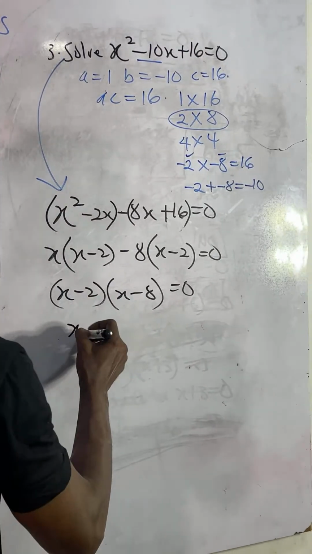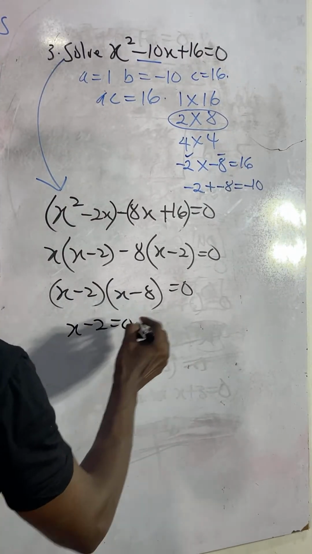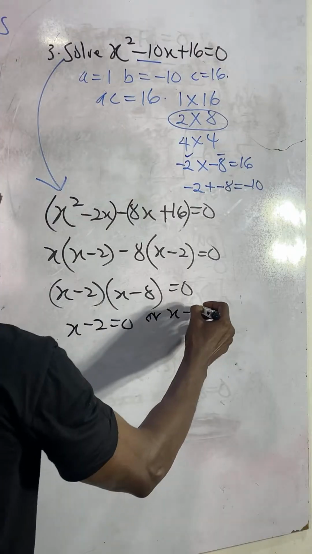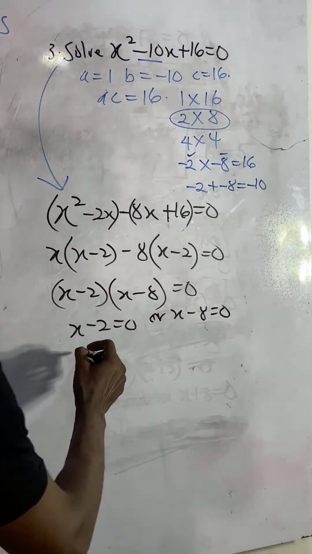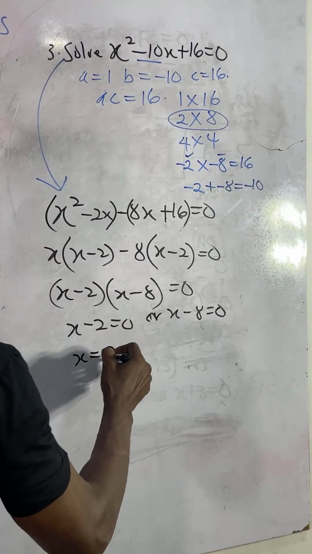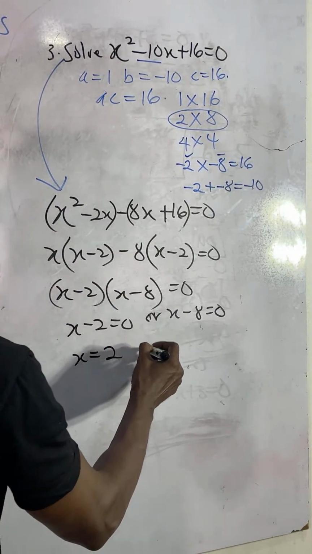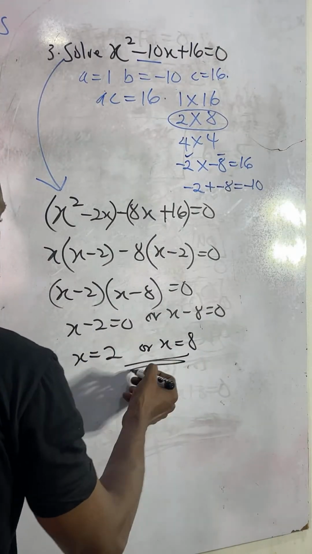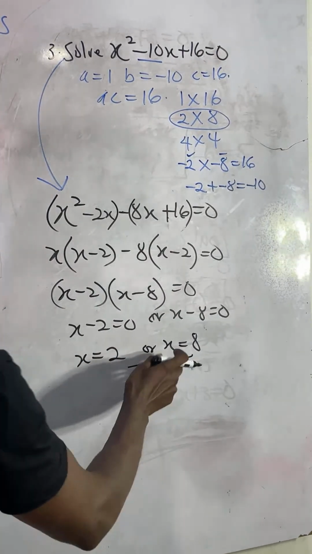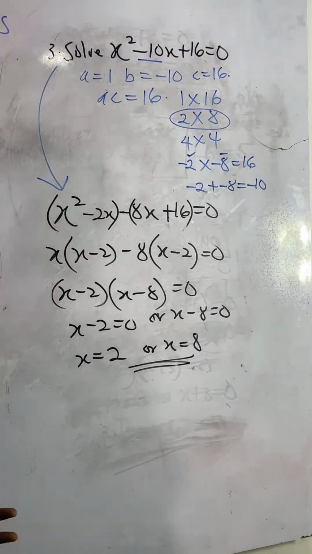So it's either x minus 2 equals 0 or x minus 8 equals 0. So x is either equal to positive 2, or x equal to 8. So these are the roots of this equation.